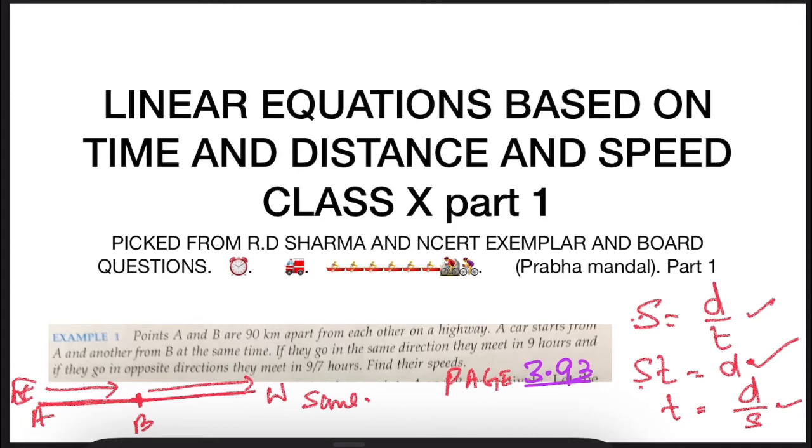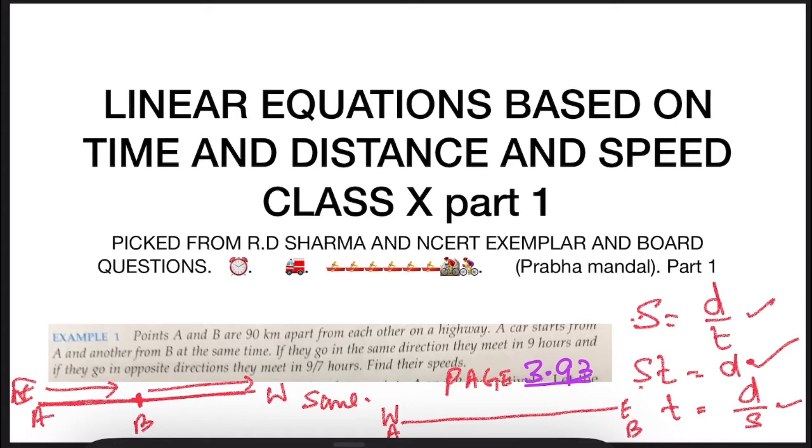Suppose they go in opposite directions. Let's say this side is west and this side is east. These two cars are again moving in opposite directions at the same time. Car A is here, car B is here.